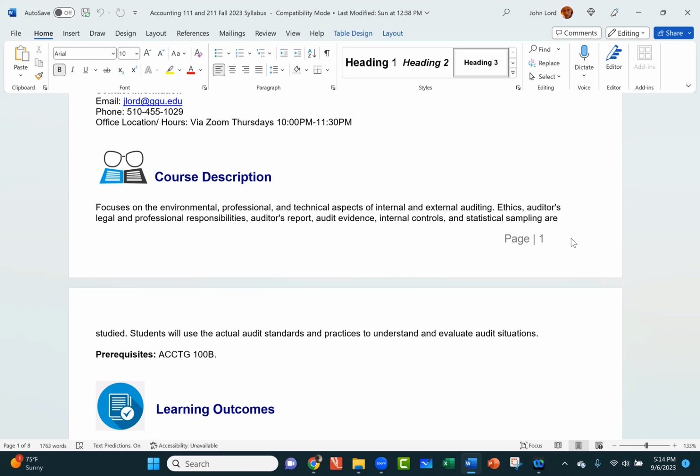What we're going to be looking at in this class is, well, now I'm the auditor. I'm taking those financial statements and I'm looking to see that the client has followed the standards that you've learned about in accounting 100A, 100B, et cetera. Okay, so it's a different approach.